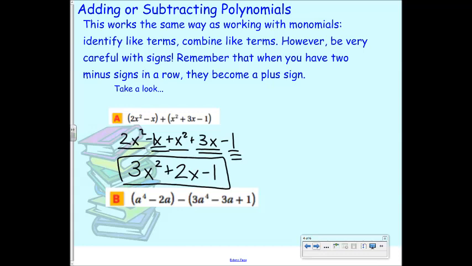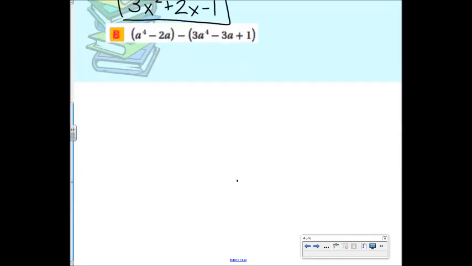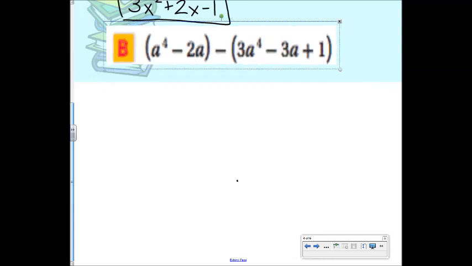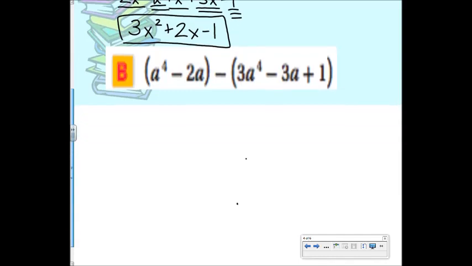What would be different here, though? What would be different in this one? I'm going to erase this so you can see it. Yeah, the negative 3. Hang on one second. What would be different about this one? Well, physically, how does it look different than this one? It's a subtraction. So what do you think that means? Since there's a subtraction sign outside the parentheses, what do you think that means?